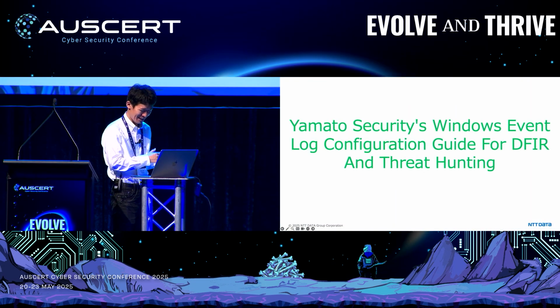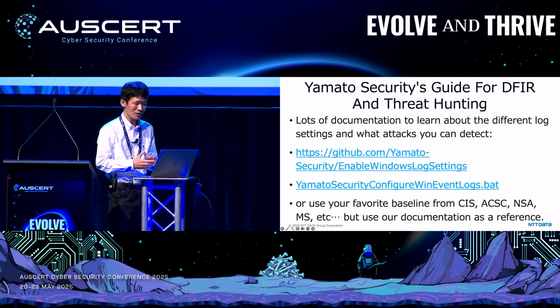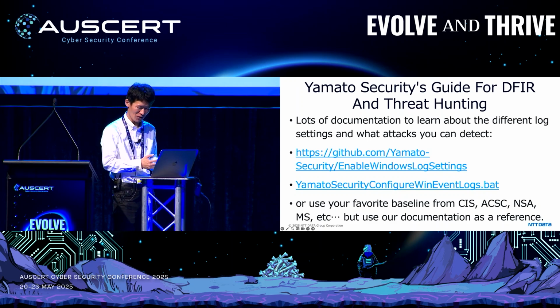Go back to presentation. Lastly, I'd like to introduce Yamato Security's event log configuration guide for DFIR and threat hunting. Yamato Security's guide is a lot of documentation to learn about the different log settings and what attacks you can detect.